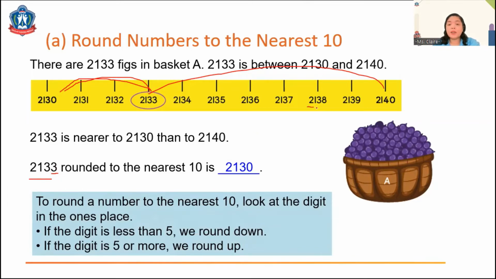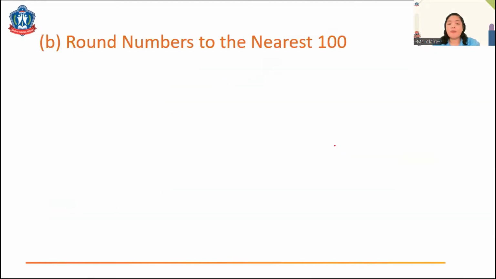Example, 2,138. The ones place is 8. This is more than 5. Therefore, we round up. So if we round 2,138 to the nearest 10, the answer is 2,140.